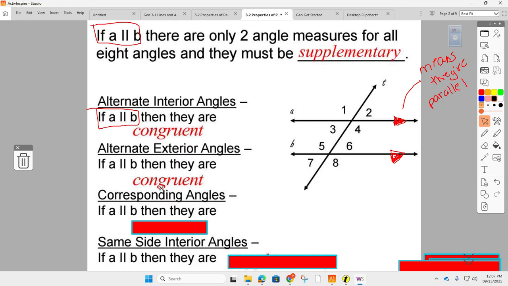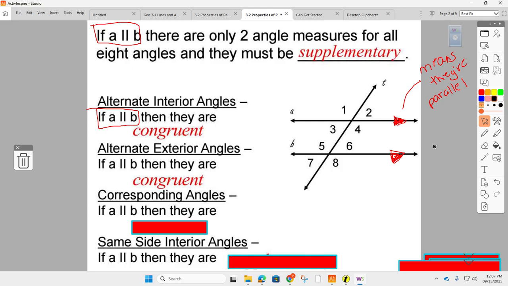Corresponding angles. There's no interior or exterior in the name of these angles. Can you give me a pair of corresponding angles in this diagram, Miles? Remember to look at your notes.